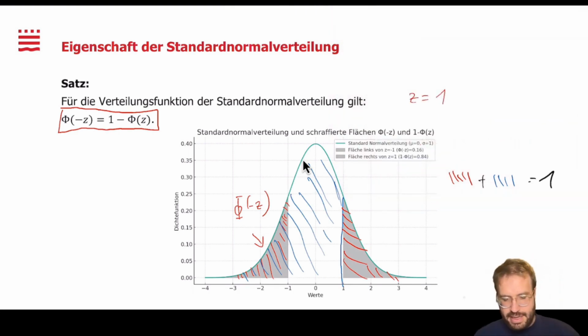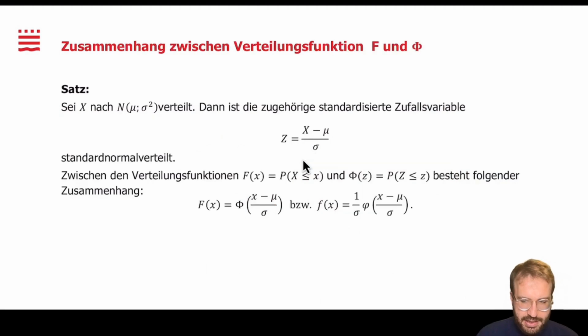And then we have exactly the property we want, that phi of minus z equals 1 minus phi of z. So you see, we can't calculate it, but you can still prove certain identities by using the fact that it's symmetric around the mean.